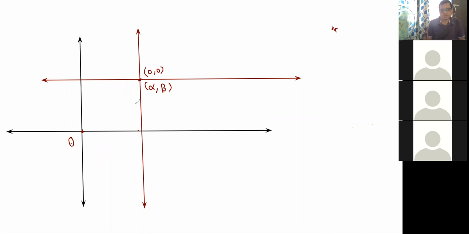Okay, so in the shifting of origin, अगर मान लो तुमको इक्वेशन दी हुई है कोई इलिप्स की, x स्क्वायर बाई a स्क्वायर प्लस y स्क्वायर बाई b स्क्वायर, this is equal to 1, when the ellipse was here.